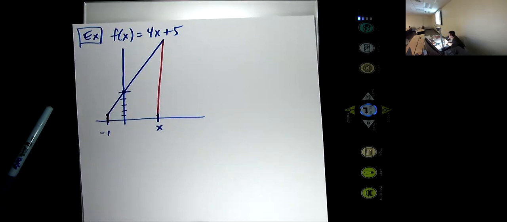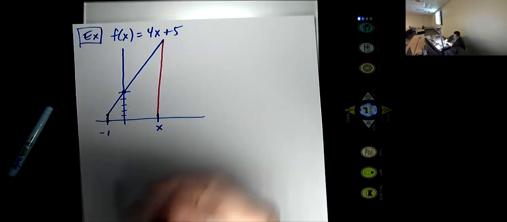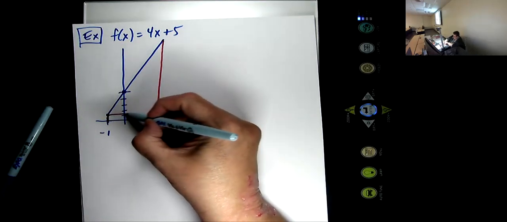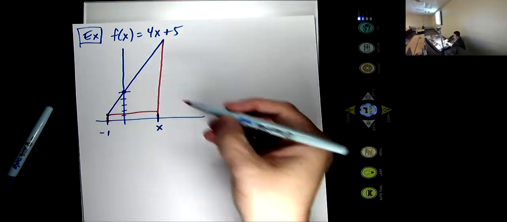I'm sure there's a formula for trapezoids, because this is a trapezoid, but I don't know the formula. I think it's 1/2 the sum of the bases times the height, but I'm not sure. I know I can do this. I can make this a rectangle and a triangle.